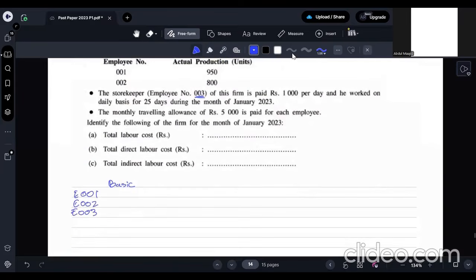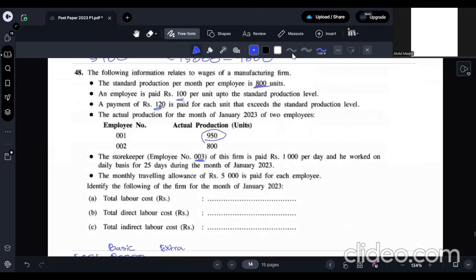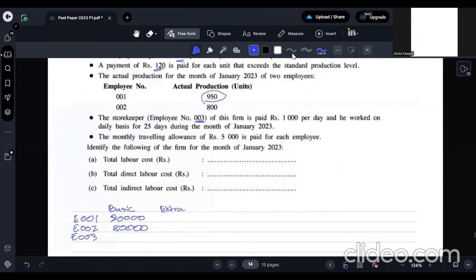So basic for them is 80,000. And they are paid extra, so they are paid 120 rupees for whatever units are produced extra. When you look at employee 1, he has produced 950 units. The standard is to produce 800. So he has produced 150 extra units. For that you will pay 150 into 120. For that he will be receiving 18,000 rupees.